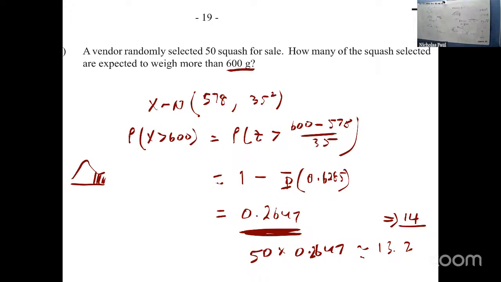Hold on. Now 14 is not possible, so 13 here. 14 is not possible to be more than 600.